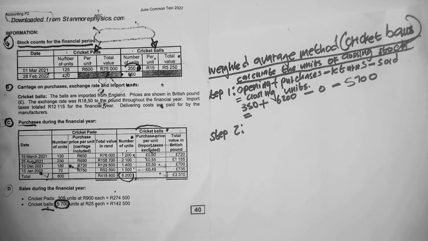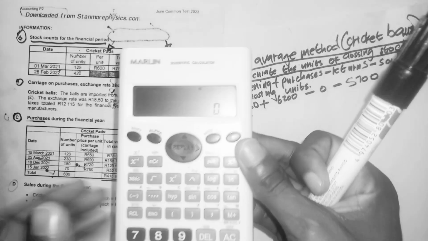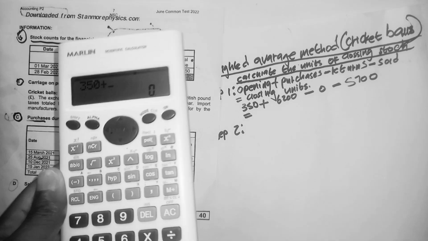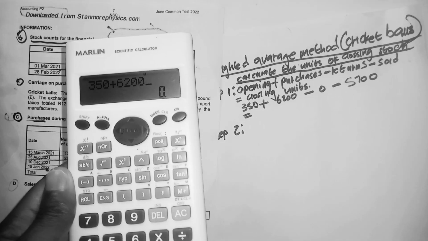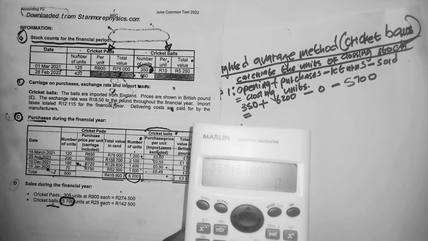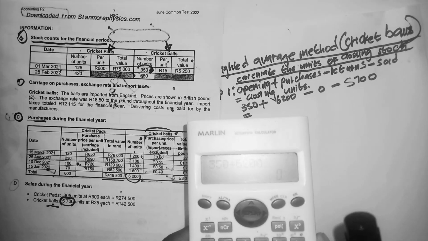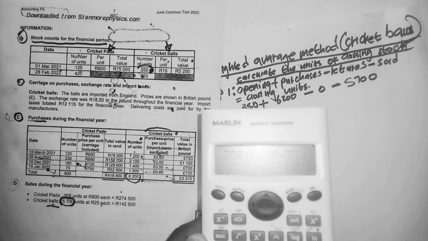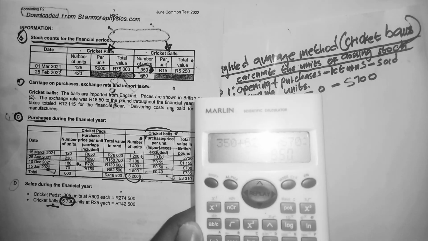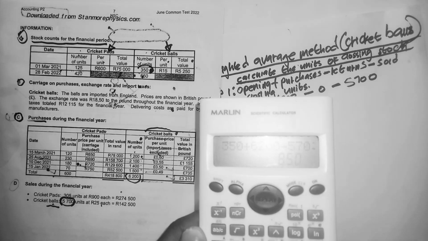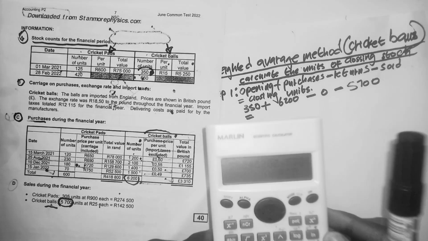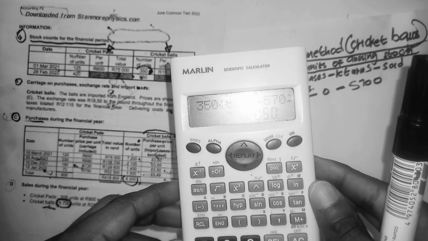Let's punch our calculator. Our opening, we said, is 350 plus 6,200, which is our purchases, and then minus 5,700. So we are getting an amount of 850, if you can see my calculator here.